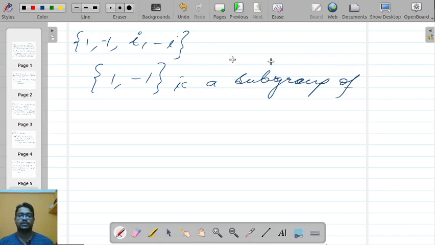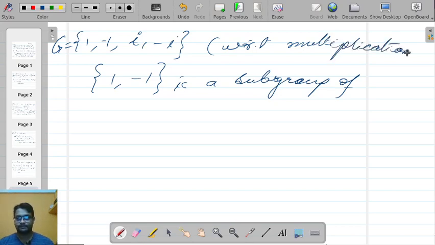Let us write G as this with respect to multiplication. Obviously this is the group of fourth roots of unity with respect to multiplication of complex numbers. So {1, -1} is a subgroup of G. Some examples we have seen.